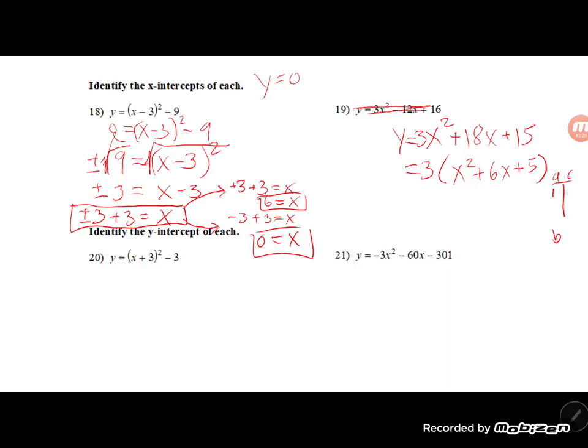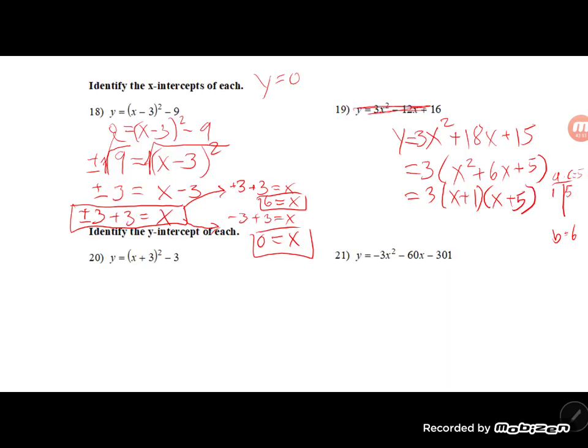That would be 5, adding to 6, and what would those numbers be? That would be 1 times 5. 1 times 5 would multiply to 5, and 1 plus 5 would add to 6. So we can write this as 3 multiplied by x plus 1 multiplied by x plus 5.